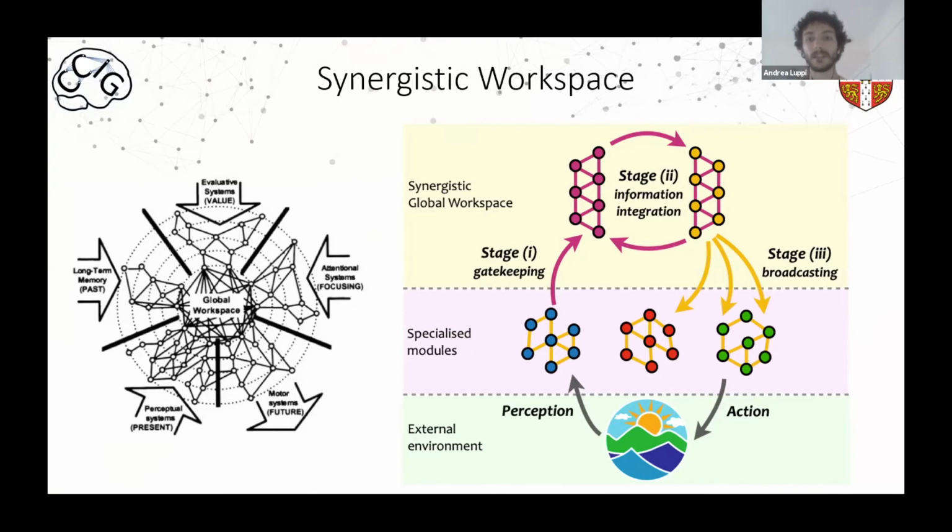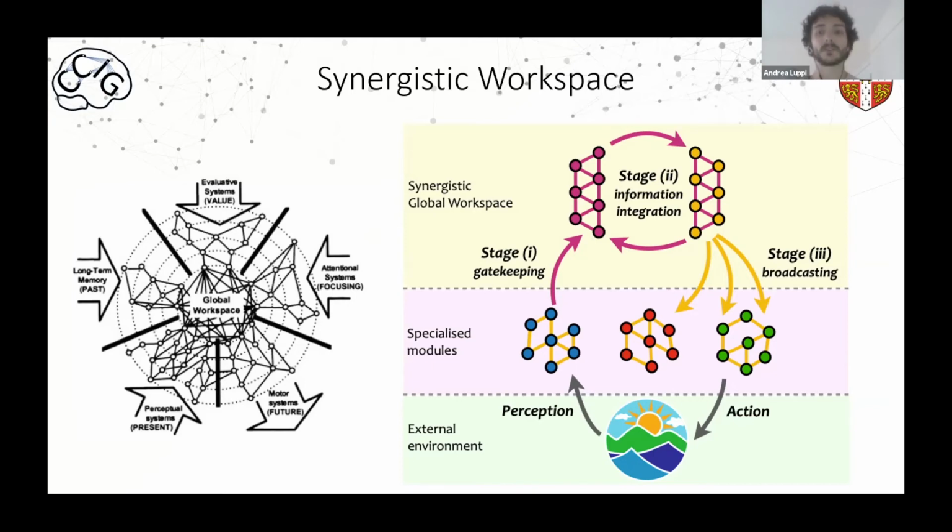And so we can identify synergy as the integration part of the workspace and redundancy on the part of the workspace itself as the broadcasting. And then, of course, the rest of the environment can close this loop between integration and broadcasting.